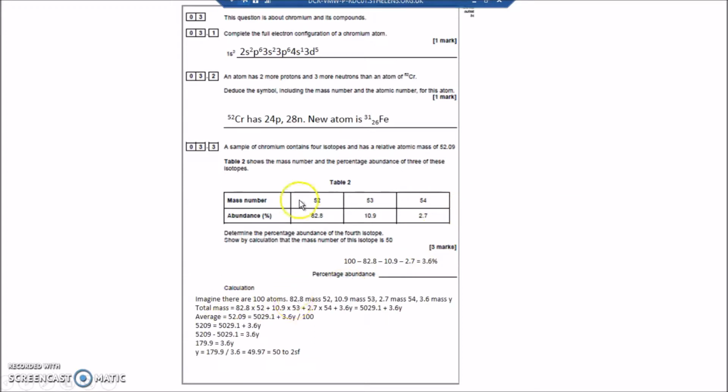So the calculation then, imagine you've got 100 atoms. That's always a good step to start off with.